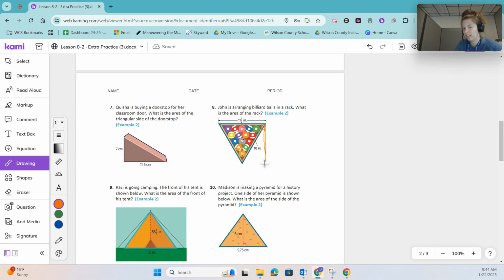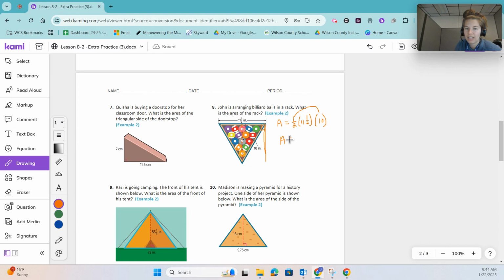You could also, again, do it on the outside, just like we did with the parallelograms. So we're using the same formula, 1/2 base, which is 11.5, times 10. Again, I can multiply in any order. Easier here to multiply half times 10.